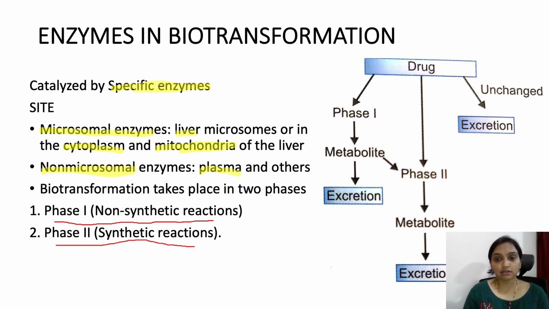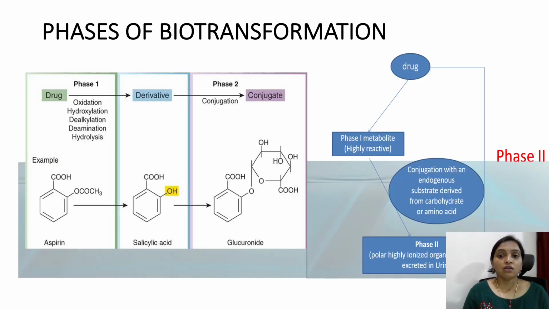We'll also see this in the next slides. So these are the biotransformation reactions. Phase 1: oxidation, hydroxylation, dealkylation, deamination, hydrolysis. These are phase 1 reactions. Phase 2 is conjugation reactions, and various conjugation reactions are there.